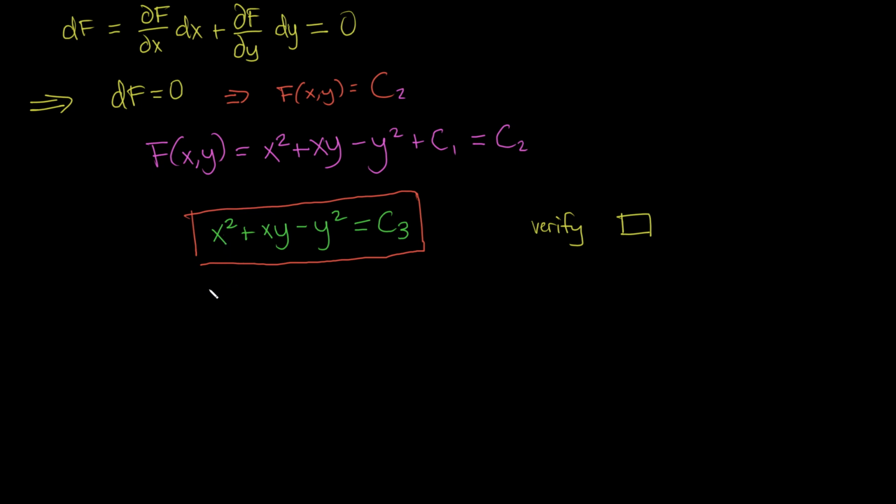So we get d/dx of x squared plus xy minus y squared equals, well, the derivative of a constant is 0. So with implicit differentiation, the derivative with respect to x of x squared is 2x, plus, and now this is a product rule, because this is x times y of x. Y is a function of x. So first, x is getting differentiated, and we just have y.